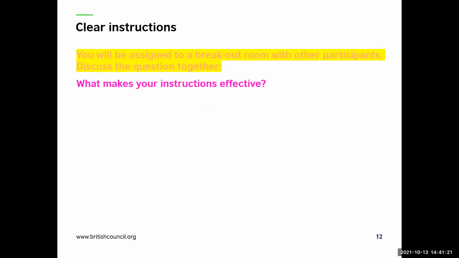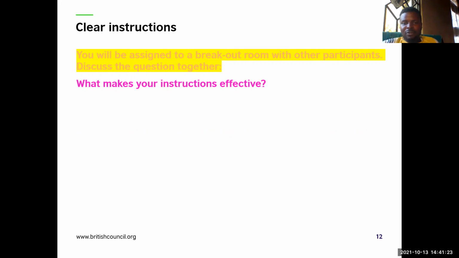Thank you for this great question. What we discussed in room 3 was, first, when you want to make your instruction more effective, we need to consider clarity. So try as much as possible to be precise when you give instruction to your students. Secondly, they should be informative.